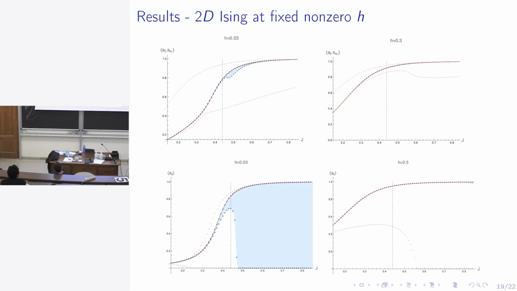I guess indeed, as you said, this is because at h equals 0, we don't know how to tell the numerics that we are above or below the first order phase transition. Anyway, you can see that our bounds are very, very close to the value for h equals 0.3. Well, that's I guess the same lesson that I was saying before.